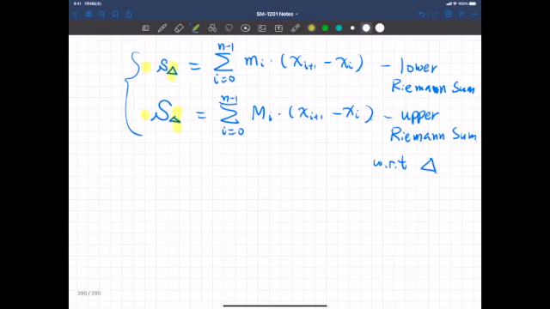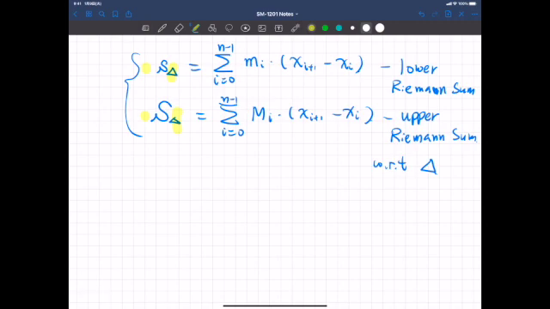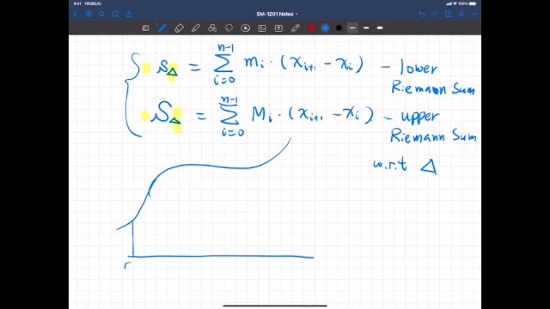The meaning of these sums can be understood more intuitively if we draw the graph of this function. Let's say we have this function from a to b, and we have a partition. Each of these mi times xi plus 1 minus xi represents the area of a rectangle, right? So let's see, this is xi plus 1.